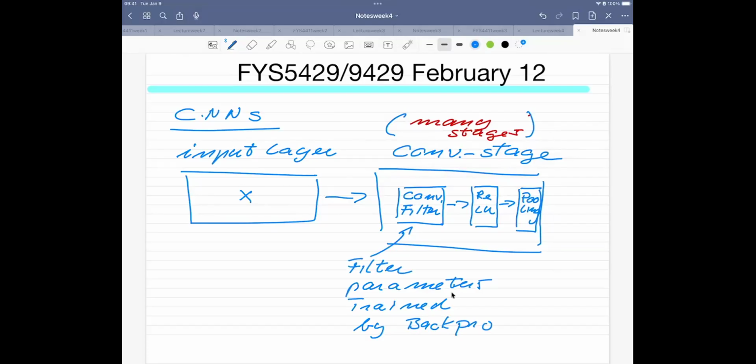Now, in the ReLU stage, or detector stage as it's called, where you can further reduce the dimensionality of the problem, you have only hyperparameters which define the activation functions. So no parameters to train, but only parameters which are fixed before you start the calculation. So let's now mark that one: no parameters to train.